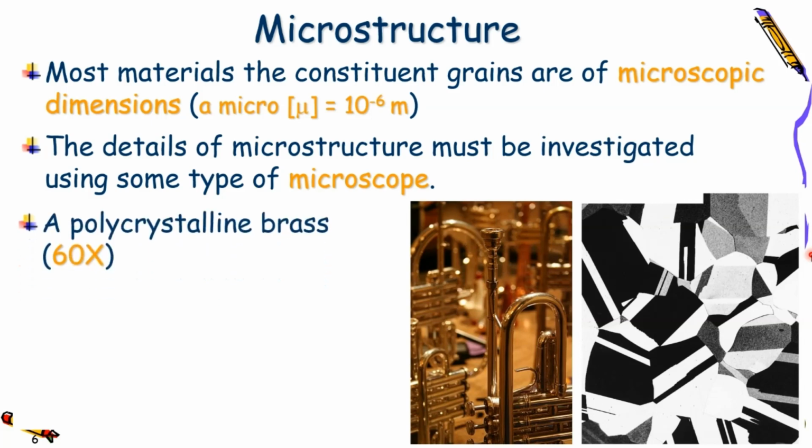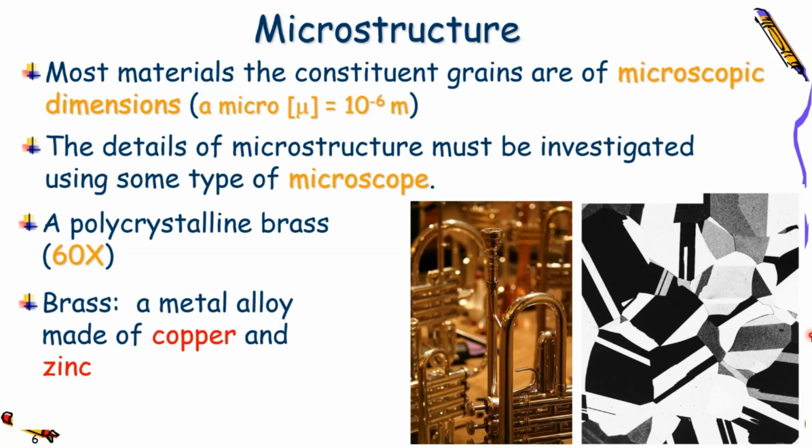If you use an optical microscope and enlarge this image about 60 times, you can see a structure like this. Again, this is the grain, and between grains you have grain boundaries, right? This is called brass, which is a copper and zinc solid solution.